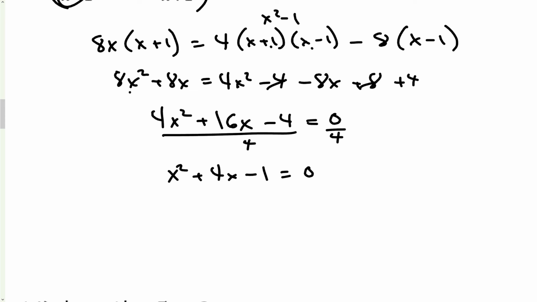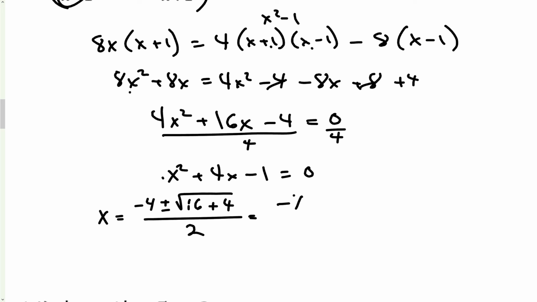I have two choices. I could complete the square because there's a 1 in the front here, or I can use the quadratic formula. So x is going to be equal to negative b plus or minus the square root of b squared minus 4 times a times c. So 4 times 1 times negative 1, over 2 times 1.